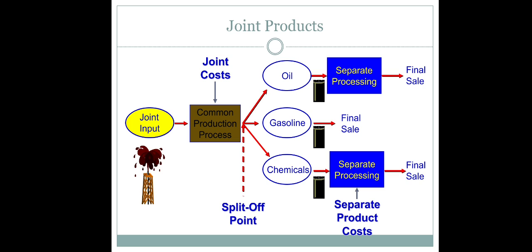The second thing is gasoline. Gasoline can be sold as it is. There is no possibility of processing further. Chemicals can be sold as it is, or can be processed and produce something else. The cost to process further is called separate product cost.